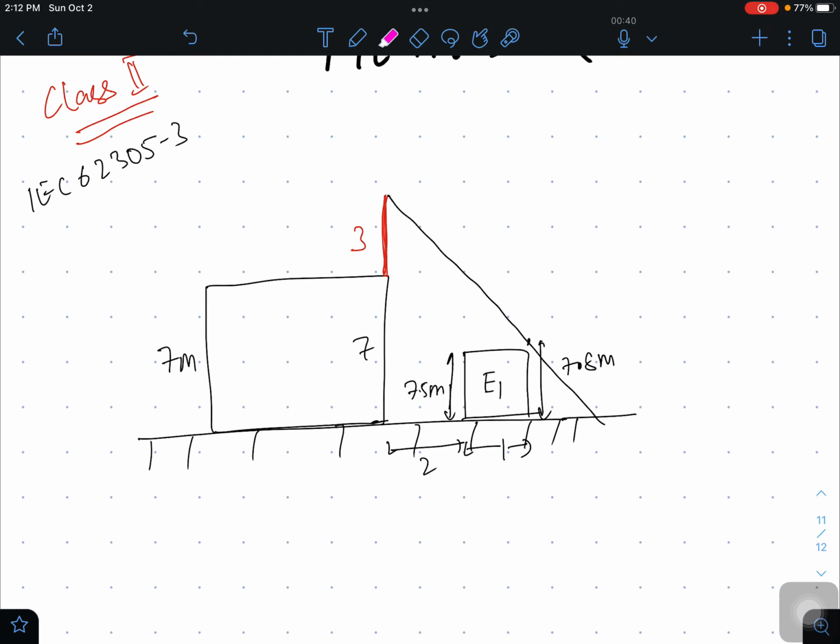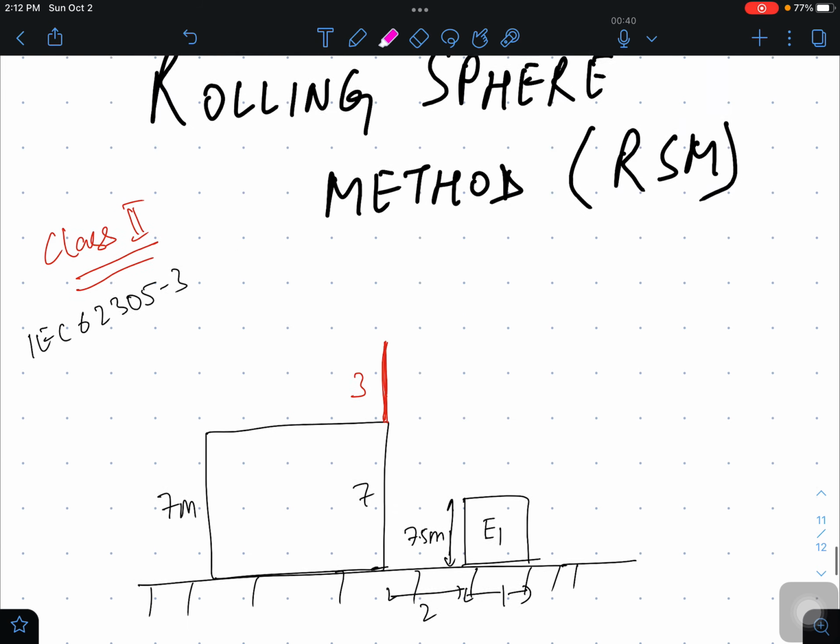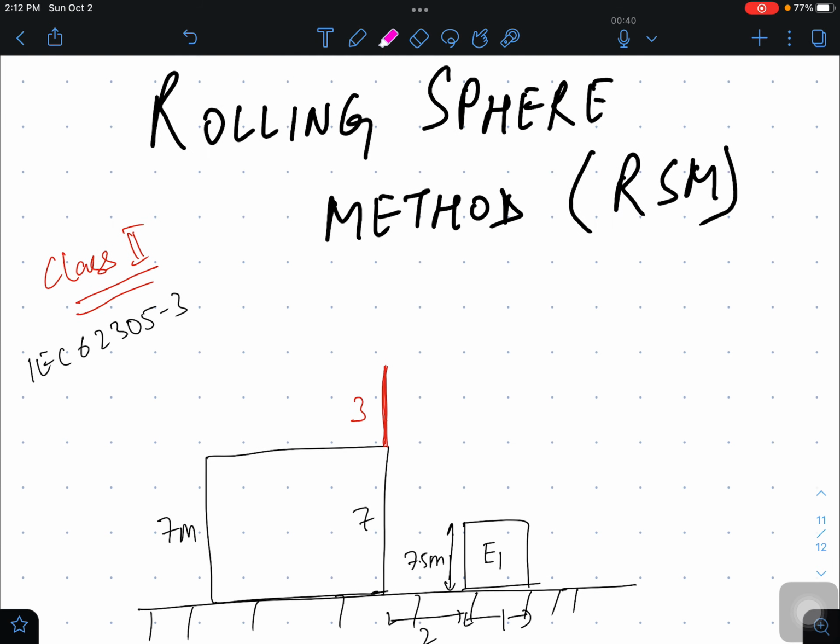Now we will use the rolling sphere method, we will not use this method. So in case of rolling sphere, you have to roll a sphere, so you require this sphere to be like this and touching the tip. I'm sorry for this.